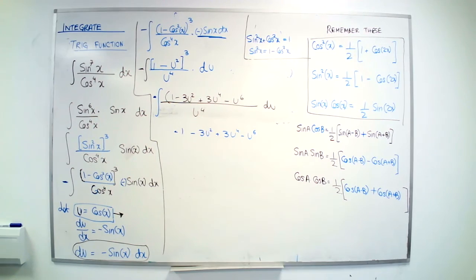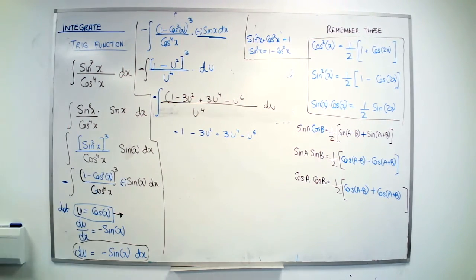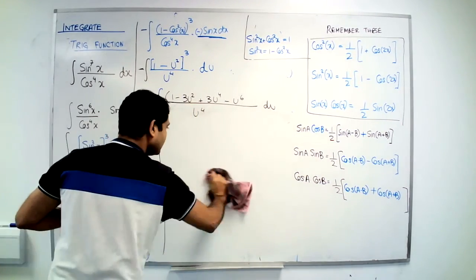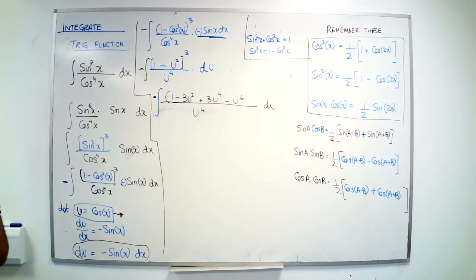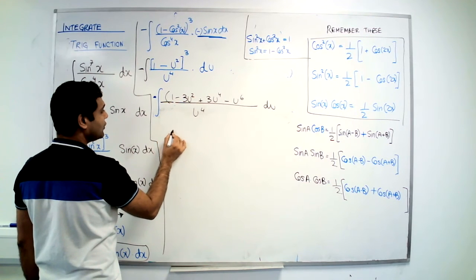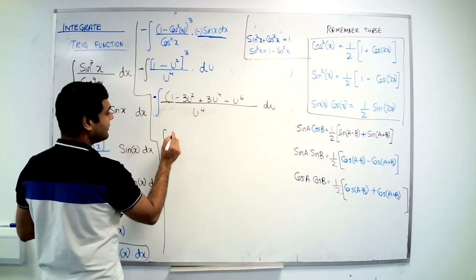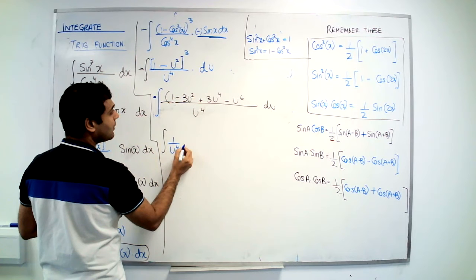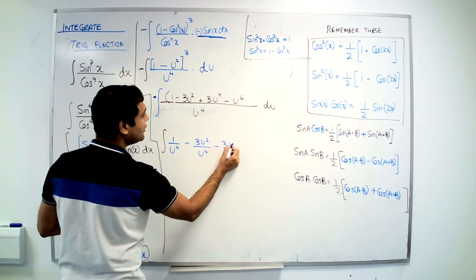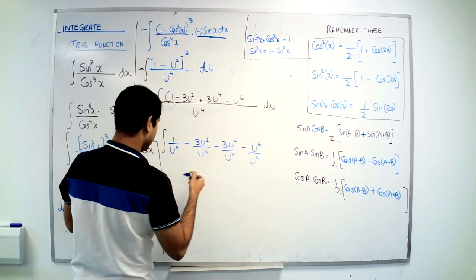Now I'm just going to rub this bit out. And now, I need to divide everything by u to the power 4. So 1, I'm not integrating it. 1 divided by u to the power 4, minus 3 u squared divided by u to the power 4, minus 3 u to the power 4 divided by u to the power 4, minus u to the power 6 divided by u to the power 4.